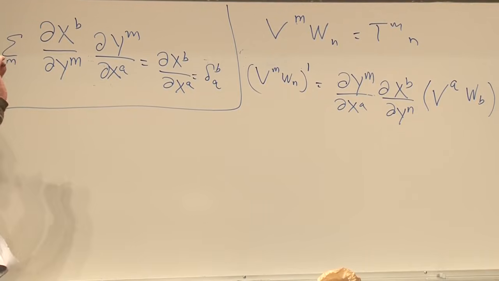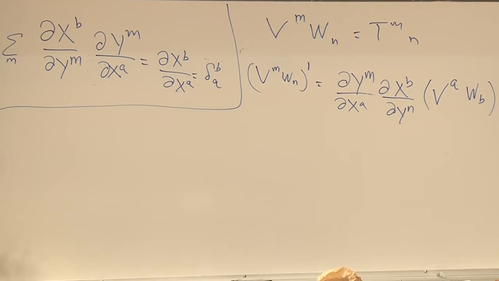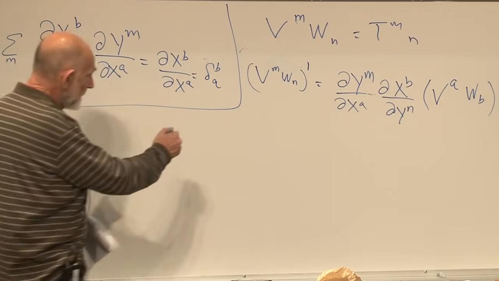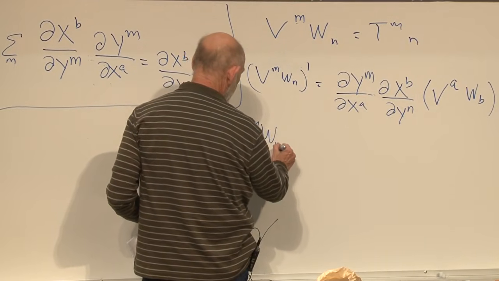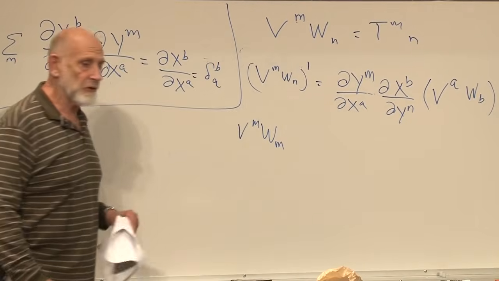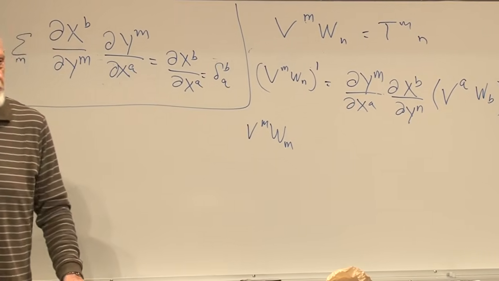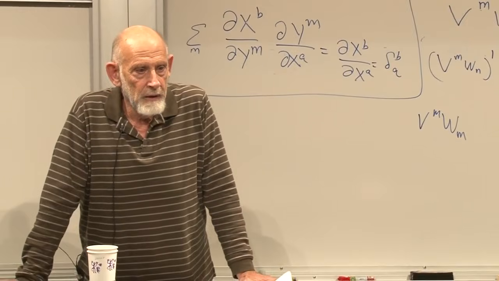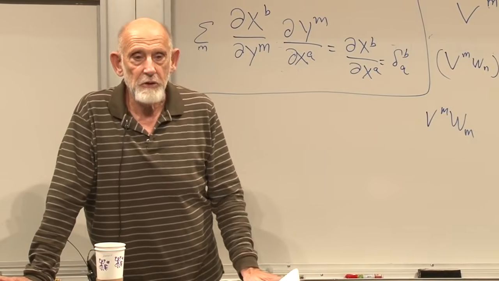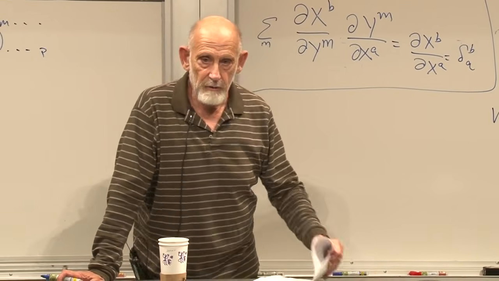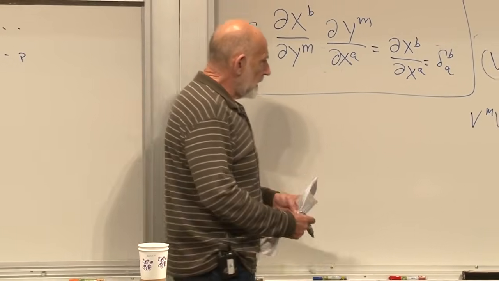Contract means identify an upper and lower index and sum over them. So we now have V^M W_M. How many indices does this object have? What kind of object is this? It's a scalar. It has no indices.